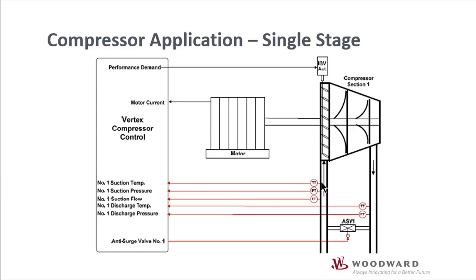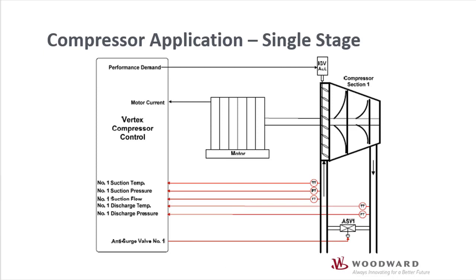So we've got suction temperature, suction pressure, a flow transmitter differential pressure, discharge pressure, and a discharge temperature. These 5 signals continuously calculate the compressor operating point, which then gets compared to the compressor control line or the surge control line and used to determine if any opening of the anti-surge valve is needed.